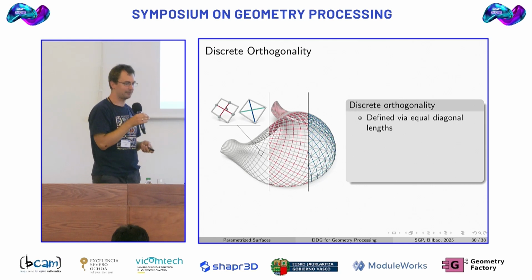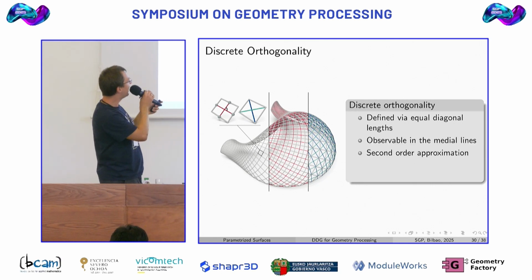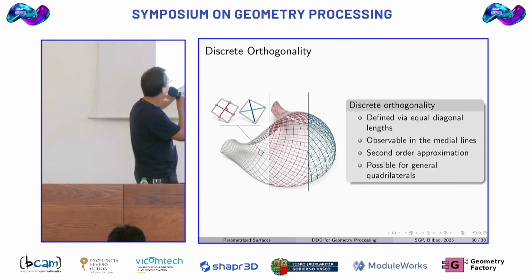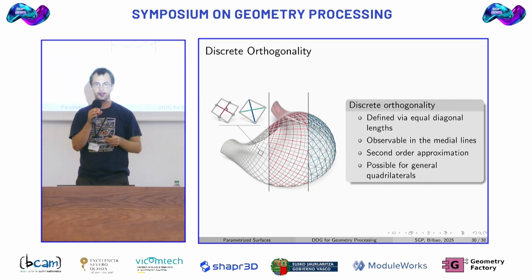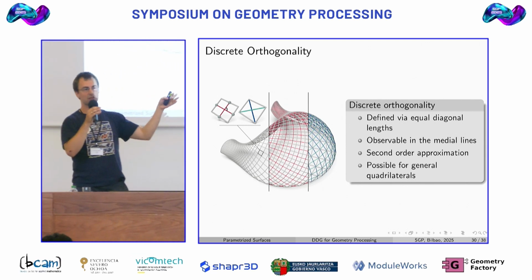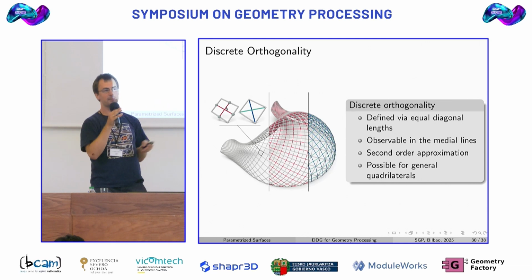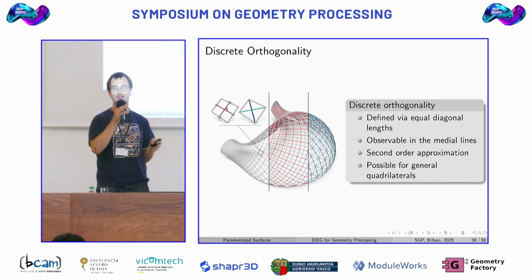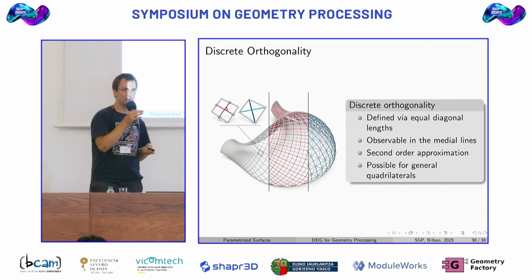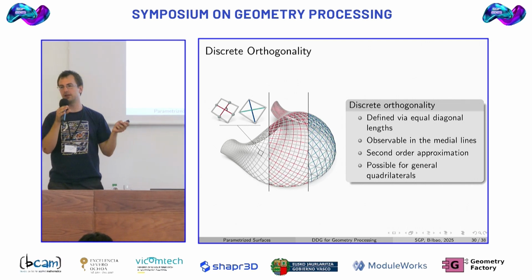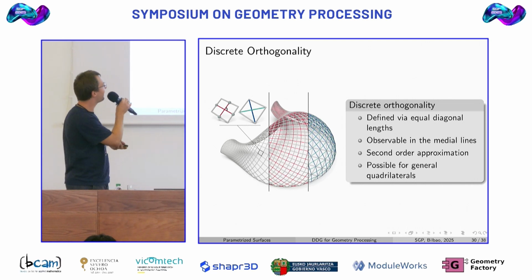And personally, I like this definition because you can also observe it in the medial lines. So the lines connecting opposite edge midpoints intersect orthogonally if and only if the diagonals in the quad have equal length, which is quite neat, I think.